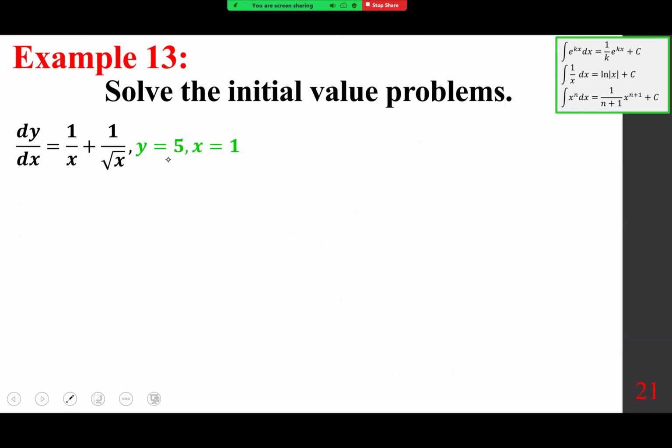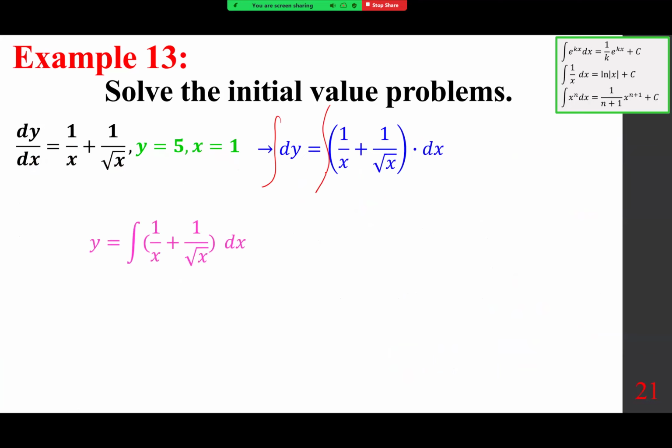Here's another example. We want to solve this where y is 5 when x is 1, which means the pair 1 comma 5. And so dy is the right side times dx. If I integrate the left side, I get y, and the right side, we're going to work on it.